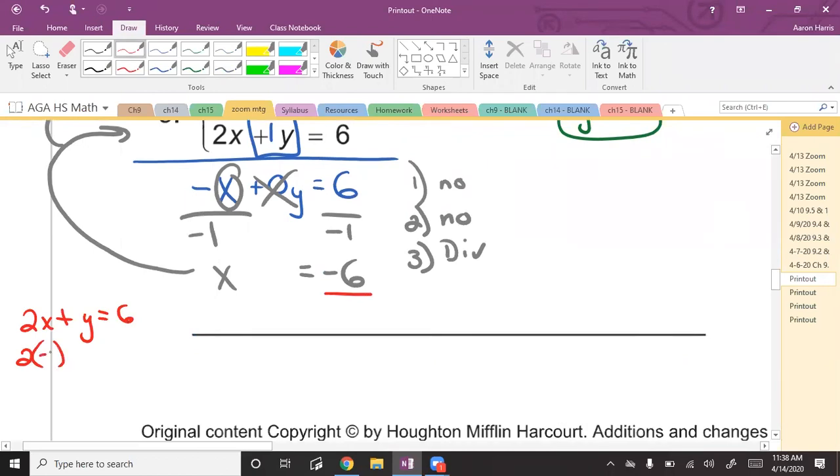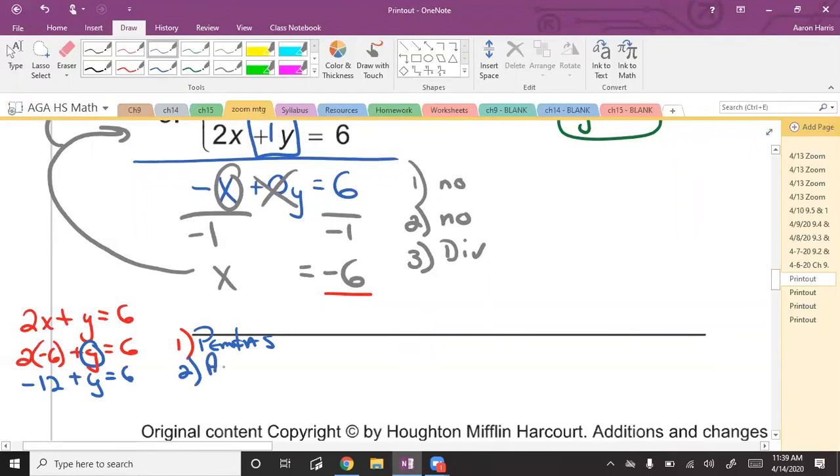That's right, -6 plus y is equal to 6. Now I solve for y. Simplify, combine like terms. Anything to do? Yes, PEMDAS. So 2 times -6 is -12.